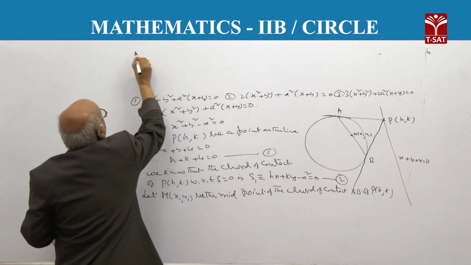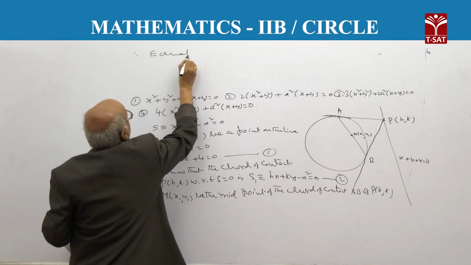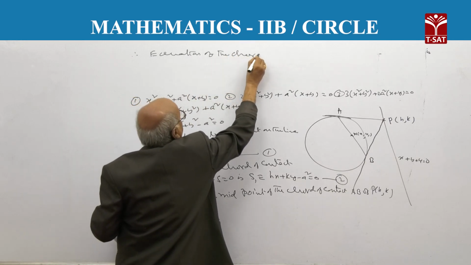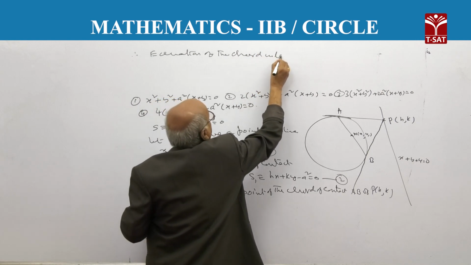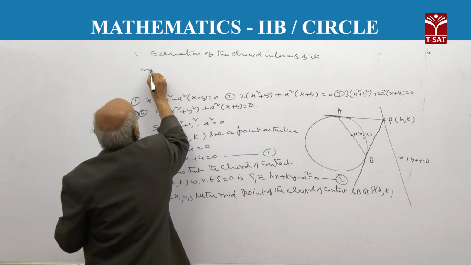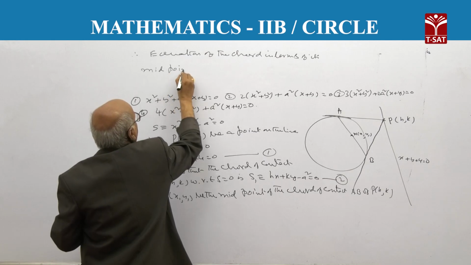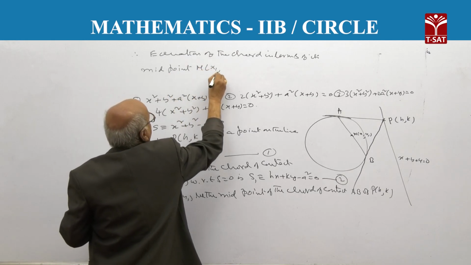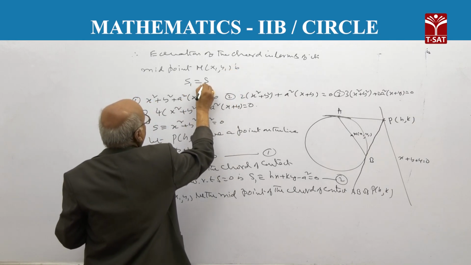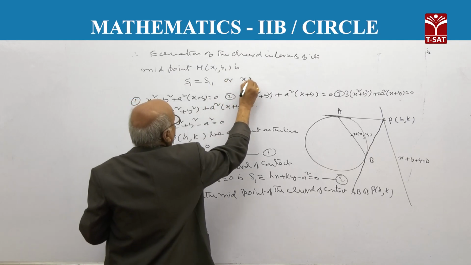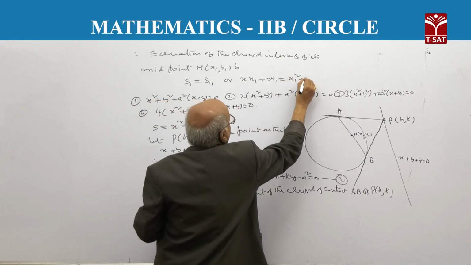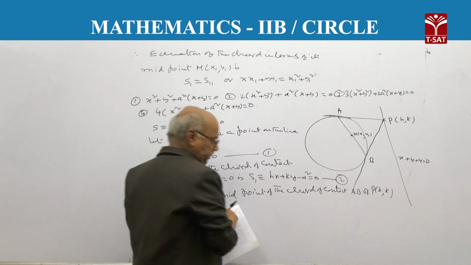So, therefore, the equation of the chord in terms of its midpoint M(x1, y1) is S1 is equal to S11, or xx1 plus yy1 is equal to x1 square plus y1 square.